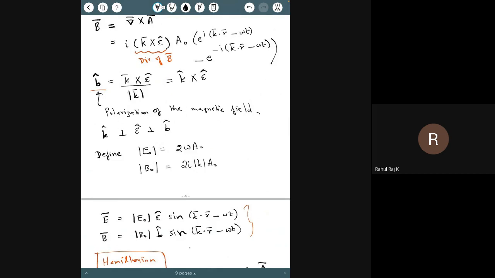Okay. So A0 is related both to the electric field as well as to the magnetic field. So if we like, we can now represent the interaction Hamiltonian or the V of t perturbation part of the Hamiltonian in terms of the electric field. So A0 from here is equal to E0 by 2 omega.